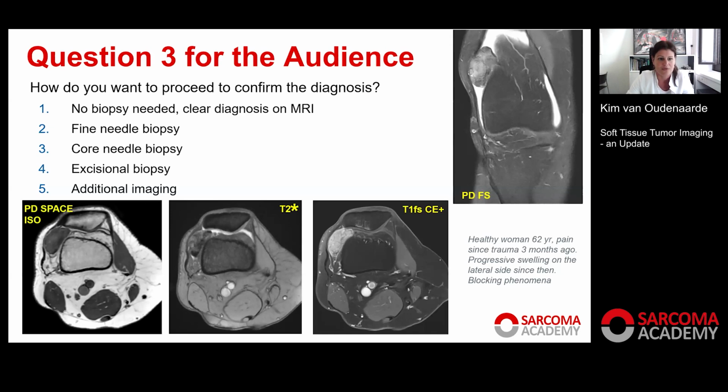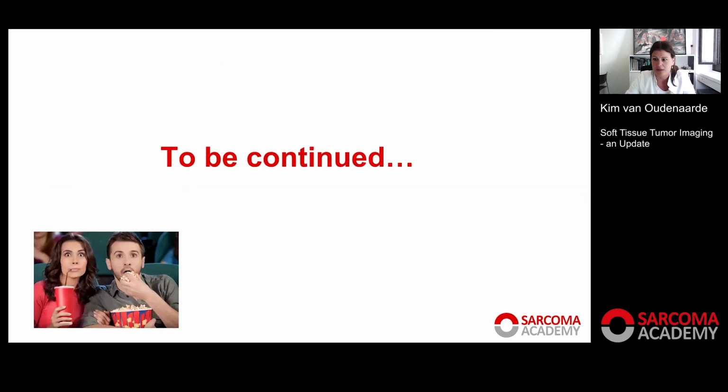Do you want to have a fine needle biopsy, a core needle biopsy, excision right away, or do you need more imaging? So this is not functioning as well, I think. Anyway, let's move on. Just keep it in mind what you would have done here. So thank you for the first answer. And at the end of the talk, I will tell you what we did.